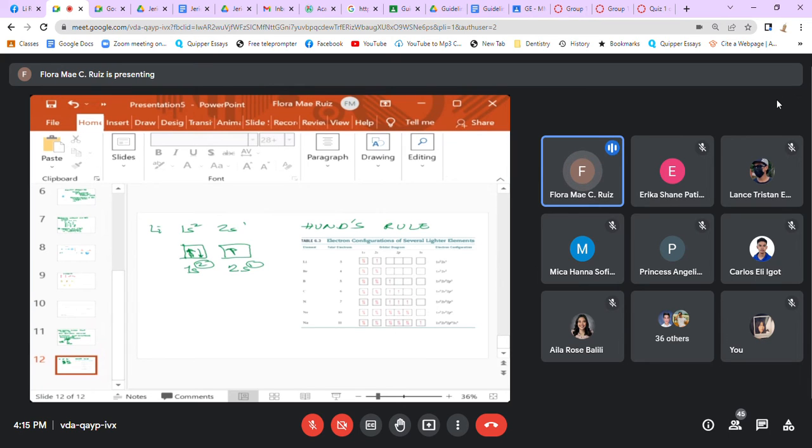So we first occupy all orbitals with the up spin before we occupy them with the down spin. This means that for a set of orbitals in the same sublevel, there must be one electron in each orbital before pairing, and the electrons have the same spin as much as possible.